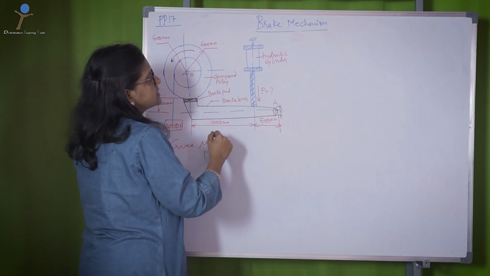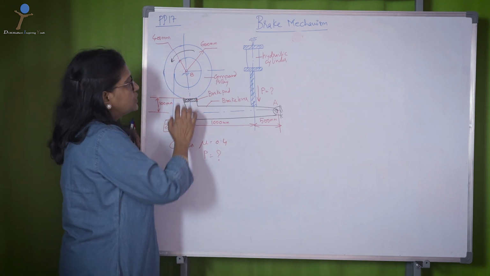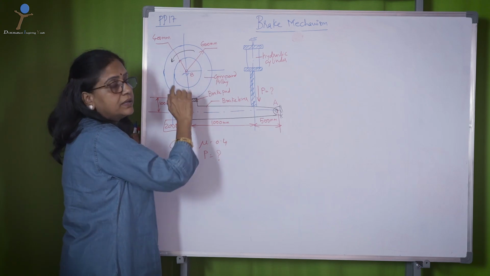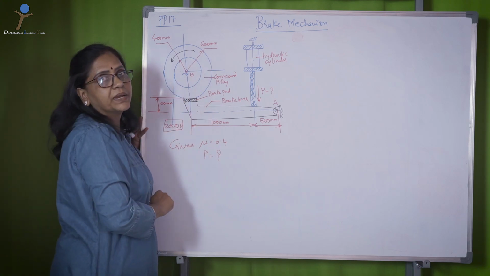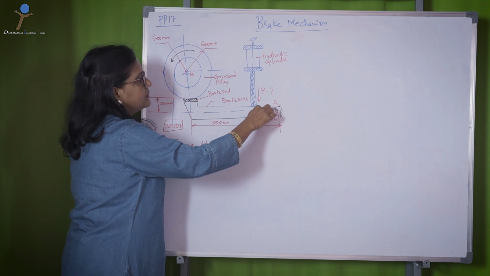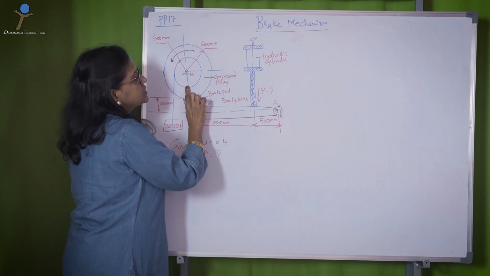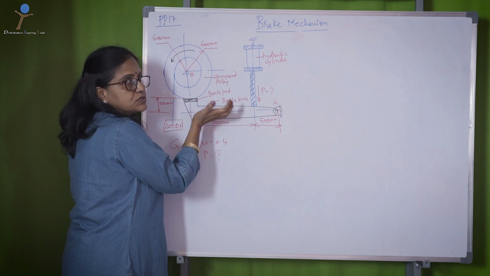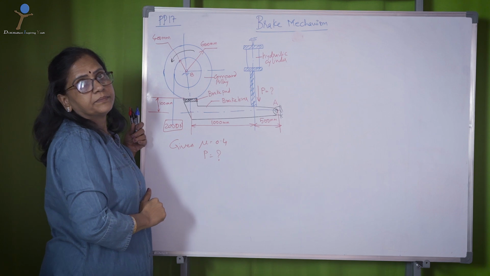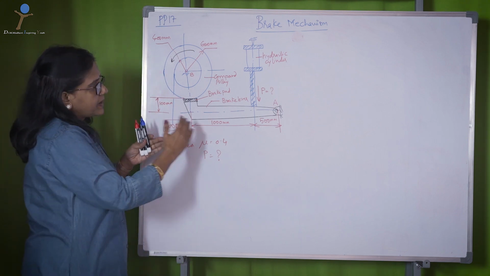So the question is, how much force is required for this system to arrest the motion of the pulley through the brake pad? When a force is applied in this direction, the brake pad will apply force on the pulley, resisting the motion of the pulley. So let us solve this problem in parts.